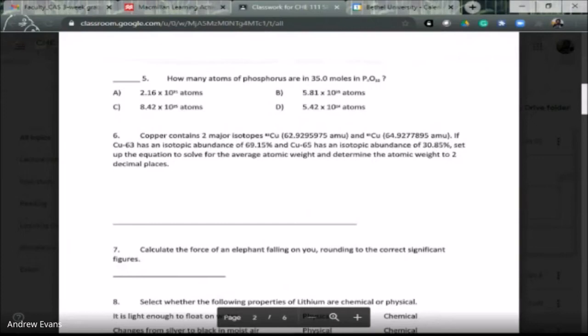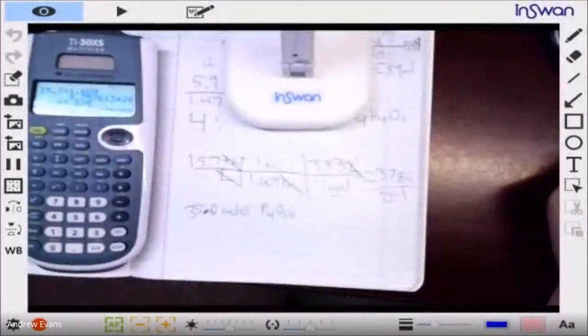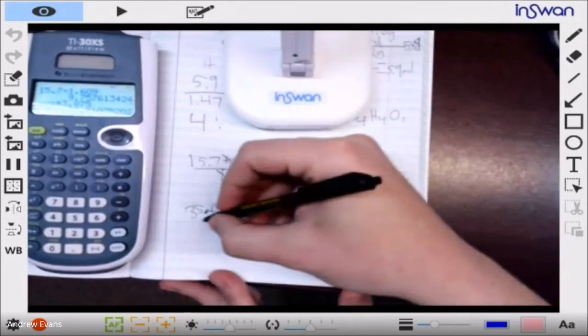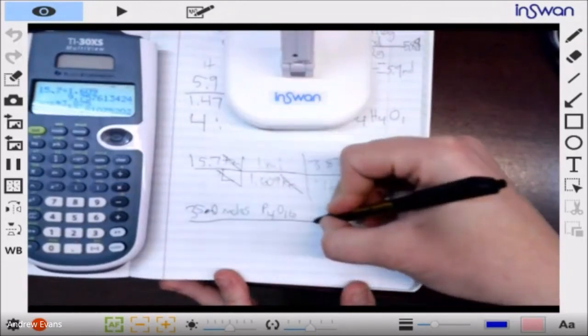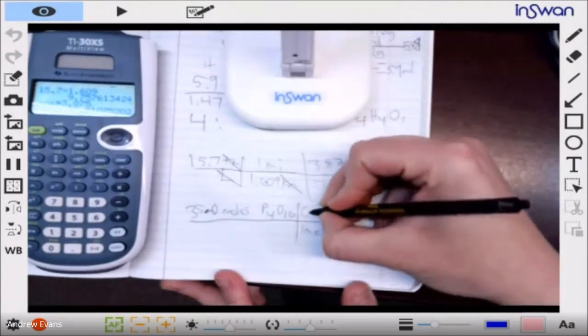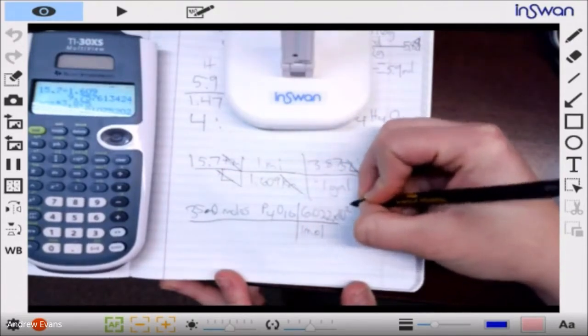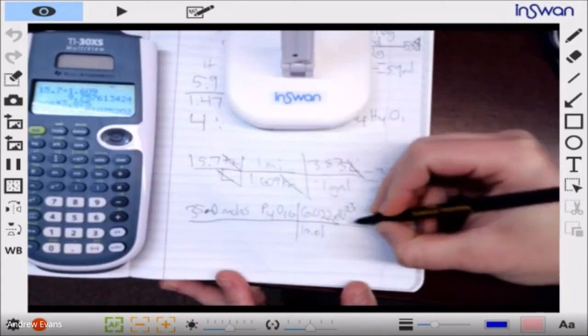one step harder. It's not just moles to molecules, it's also molecules to atoms. We have to first turn moles to molecules using Avogadro's number: 1 mole is 6.022 times 10 to the 23rd molecules.